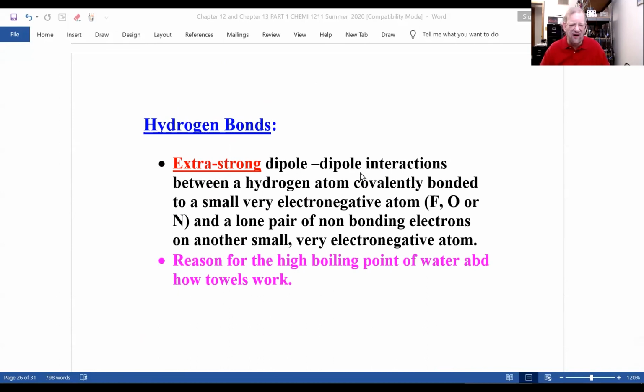That's the extra strong intermolecular force between a hydrogen atom covalently bonded to a small electronegative atom like oxygen, fluorine, or nitrogen. And this is why the boiling point of water works. And I'll talk about it in lab or next Monday.